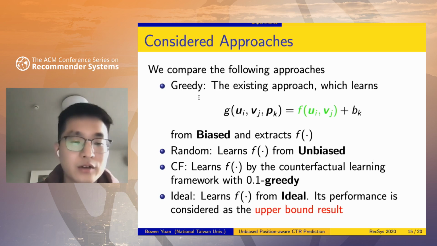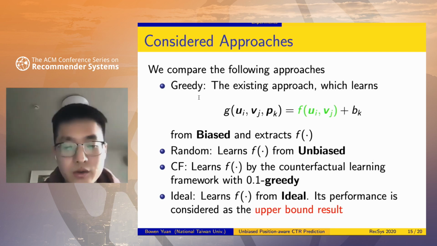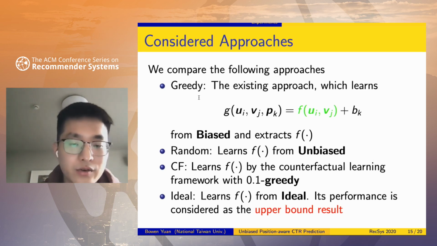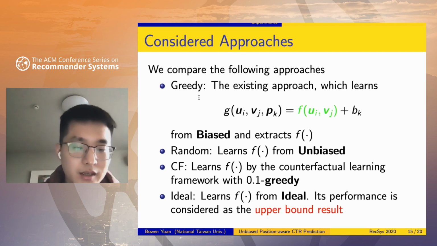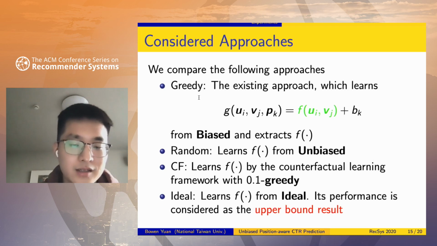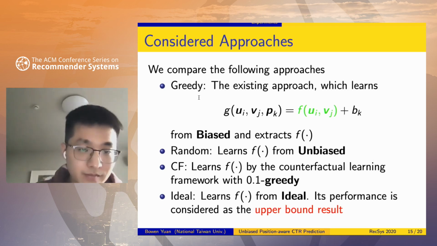It learns the model by the counterfactual learning framework, where we use a small ratio of the unbiased data set to train an imputation model to impute labels for non-displayed events, and we solve the problem based on the doubly robust method. The last one is Ideal. It directly learns the model from the ideal setting. Its performance is considered the upper bound result.